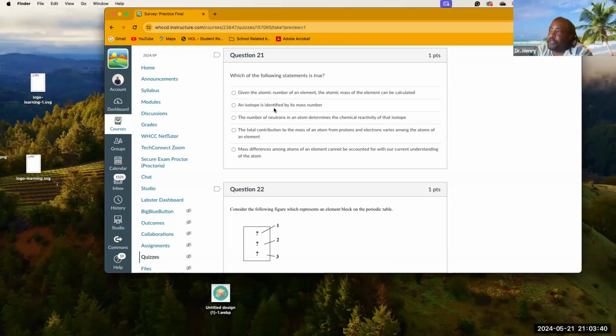D, the total contribution of mass of an atom from protons and electrons varies among the atoms of an element. E, mass difference among atoms of an element cannot be accounted for with our current understanding of the atom.